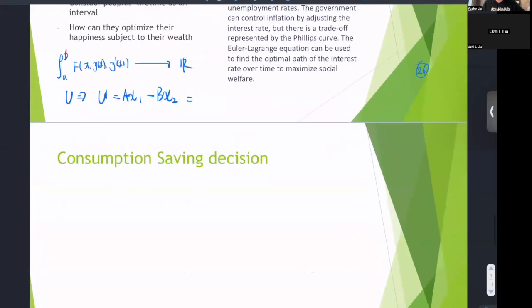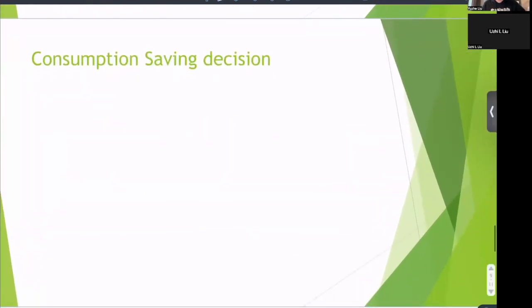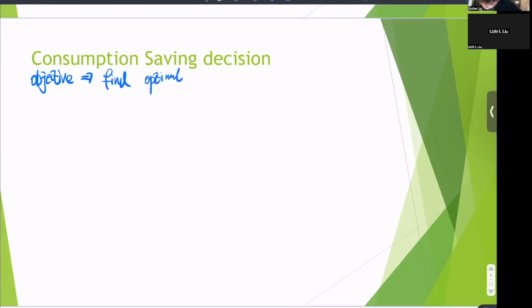Let's now interpret consumption saving decisions a little deeper. Let's consider this case. Our objective is to find optimal consumption.